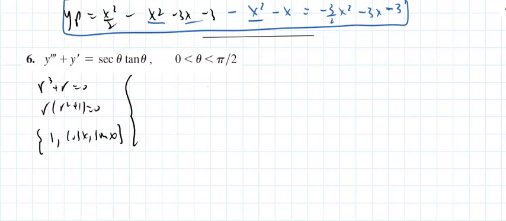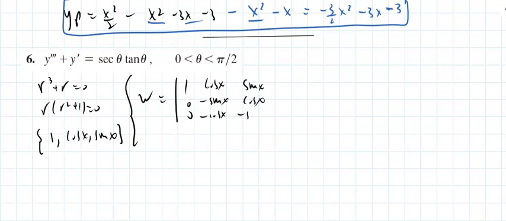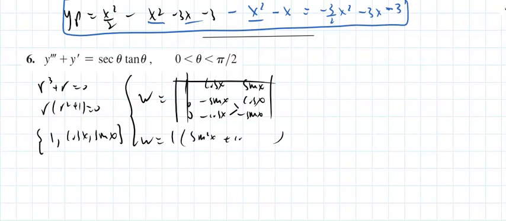The Wronskian in this case, and this is sine of x, cosine of x, and negative sine of x. Sine squared of x plus cosine squared of x. The Wronskian is simply 1.